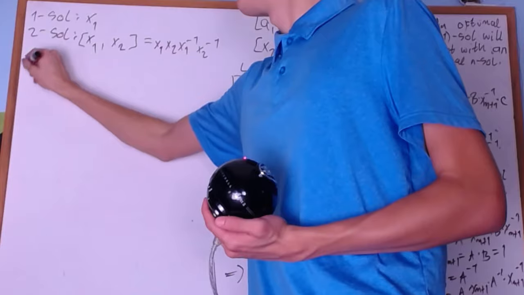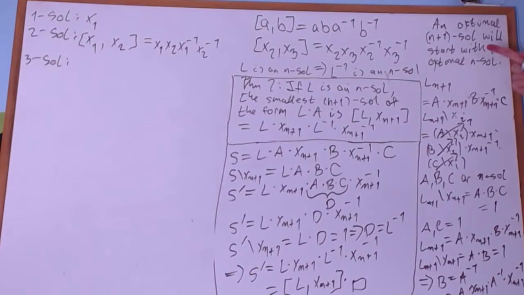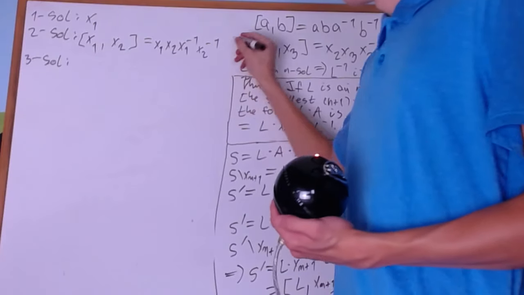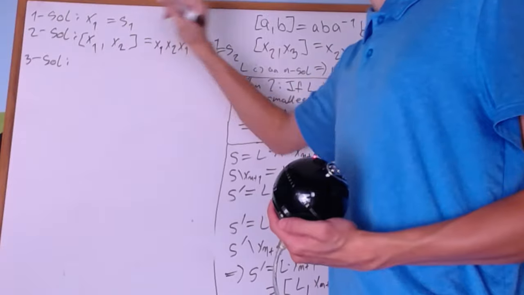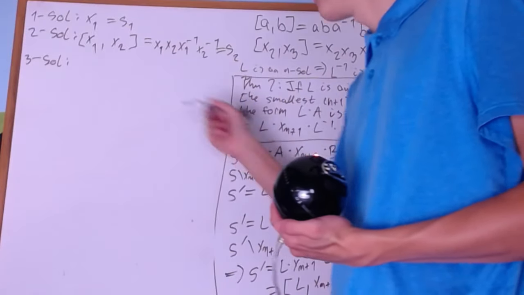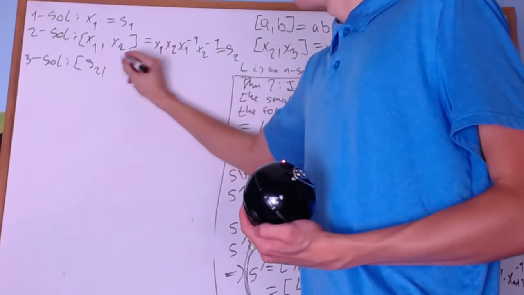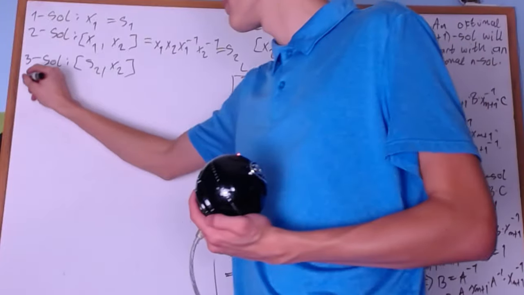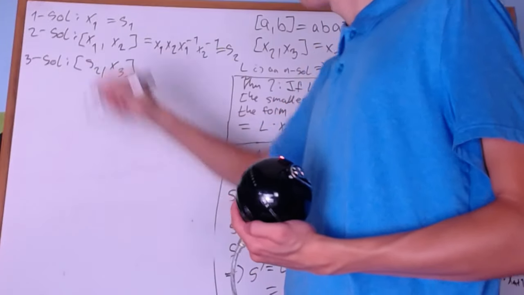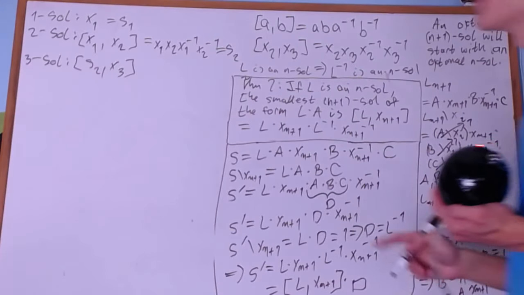And then the 3 solution, well, using this theorem and this theorem combined again, if I call this S2, the optimal 2 solution, and I call that one S1, the optimal 1 solution, the optimal 3 solution is going to be S2 commutated with x3, because it's a 3 solution, that's the n plus 1 there.